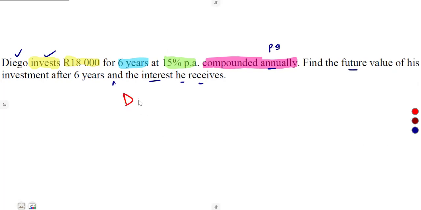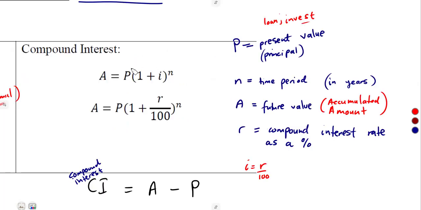All right, so let's take our data, our information. So the money invested is called what? The principal. He invests 18,000. It can be the money borrowed, money invested. It can be a loan. All right. And also the other thing that you need to know here, the applications of the compound interest formulas, its applications are on inflation.